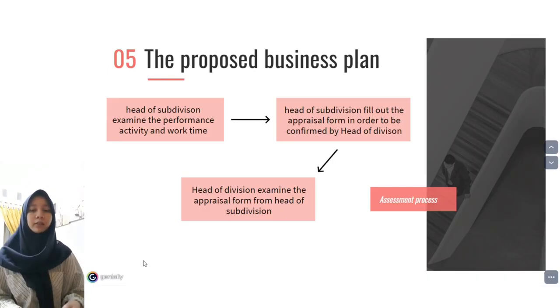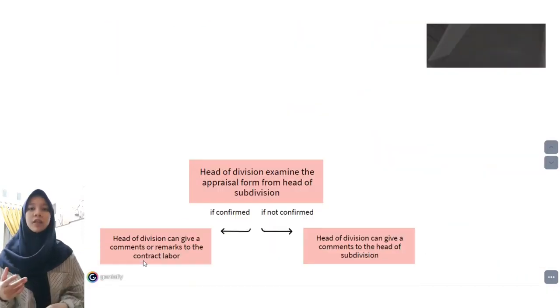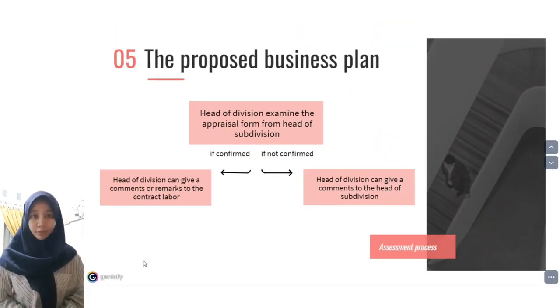The second activity is handled by the head of subdivision and the head of division. In this activity, the head of subdivision receives the form from the employees and examines it. They fill out the appraisal form in order to be confirmed by the head of division.